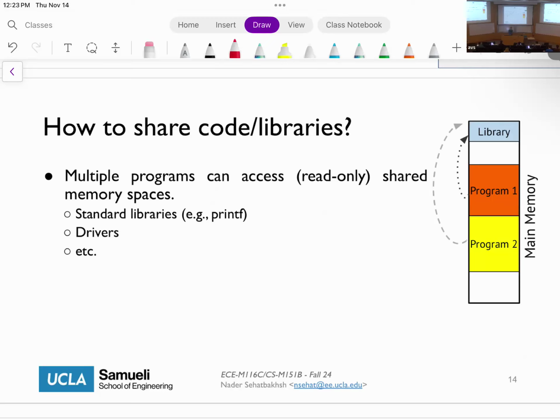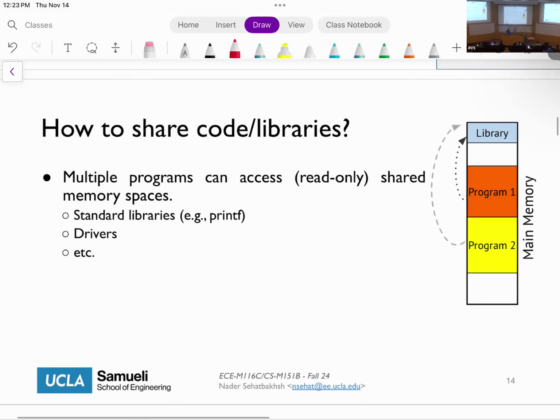Let's say I want to have some libraries. Think about your standard libraries, such as standard C libraries like printf and scanf. One thing you can do is copy it for every single program, right? So you can add it to every program. But of course, that's a very inefficient way of using your memory.